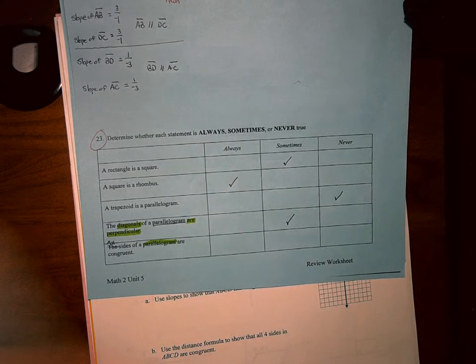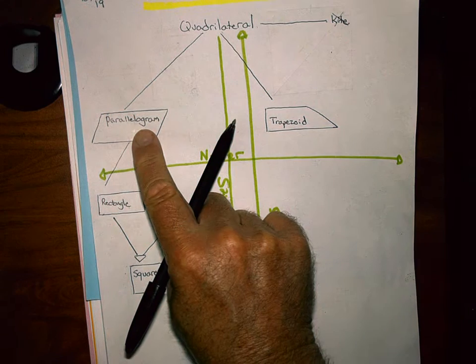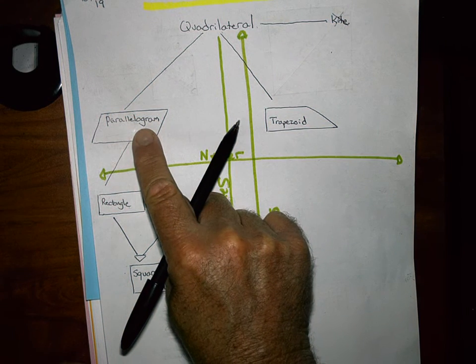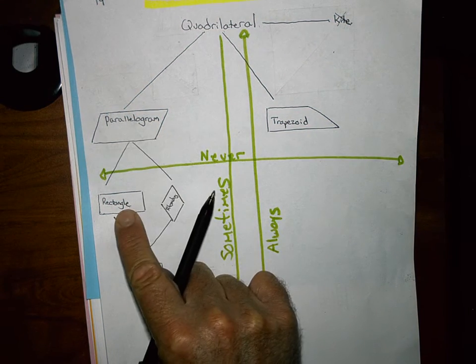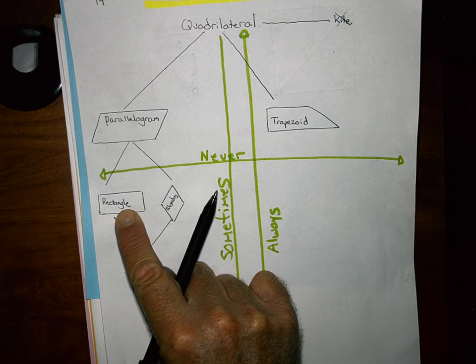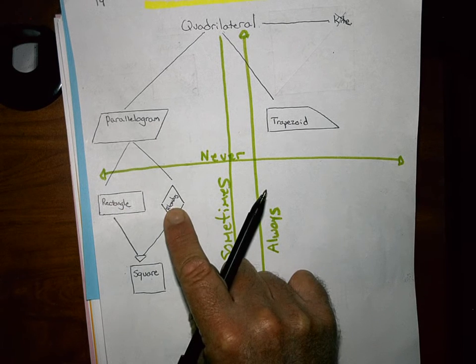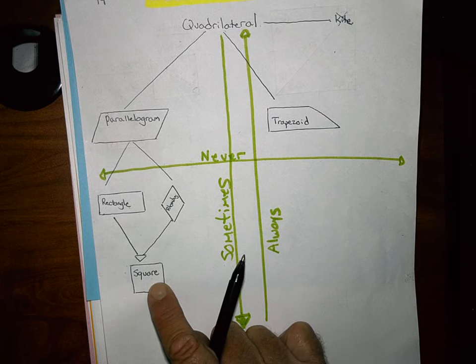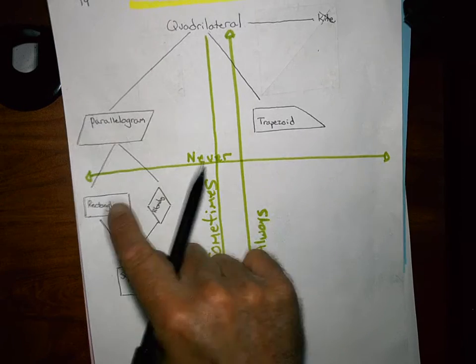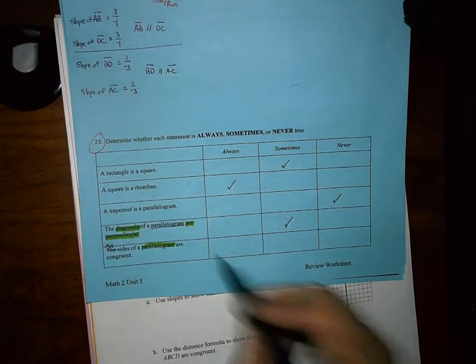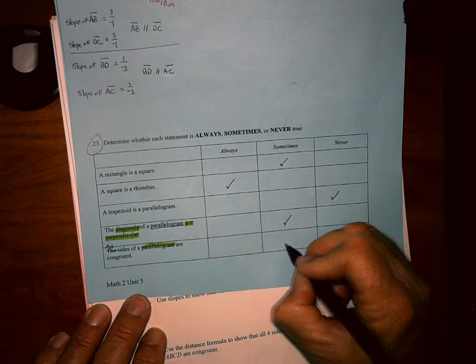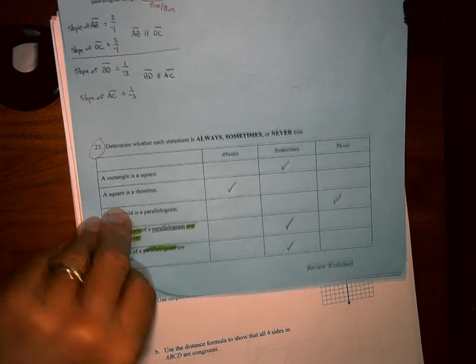We're going to start at parallelogram. Are all the sides congruent? No. In a rectangle, are all the sides congruent? No. In a rhombus, are all the sides congruent? Yes. How about in a square? Yes. So we have no, no, yes, yes. So remember, if you get some no's and some yeses, the answer is sometimes. Okay, turning it over to the last problem on this worksheet, number 24.